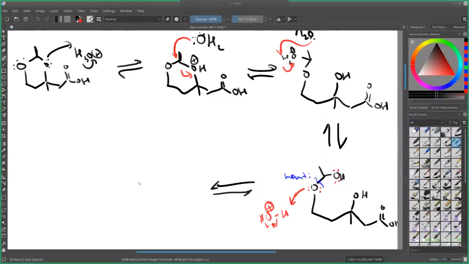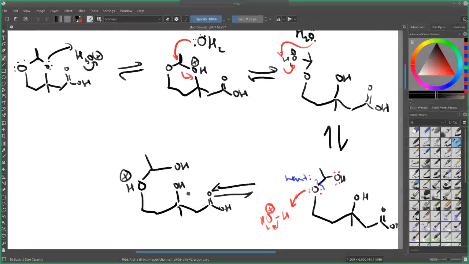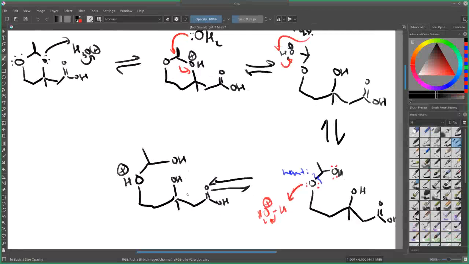Okay, so now we have that as an OH, the plus charge, and then a whole bunch of other OHs. I count 4 OHs on this molecule, which is kind of a lot, but fortunately we're about to get rid of some.